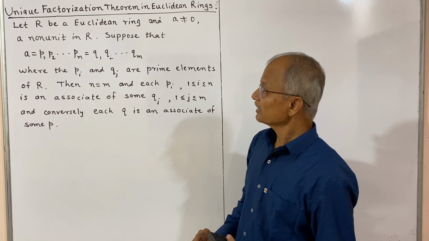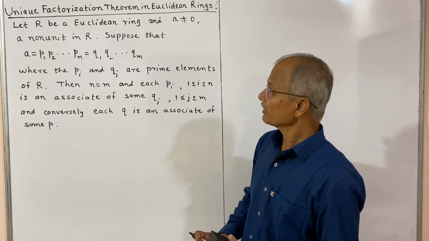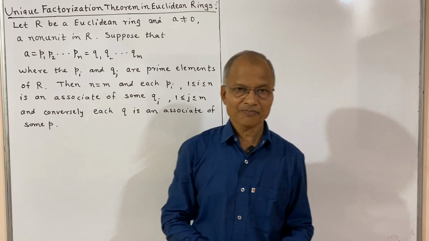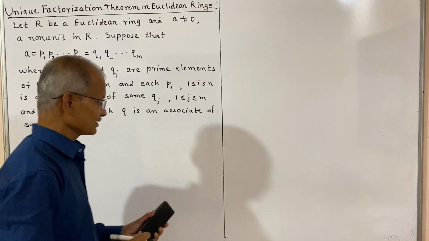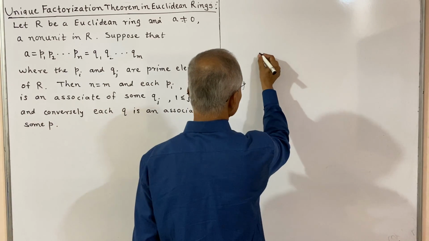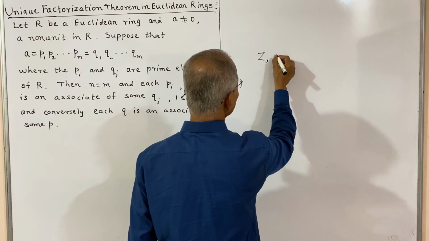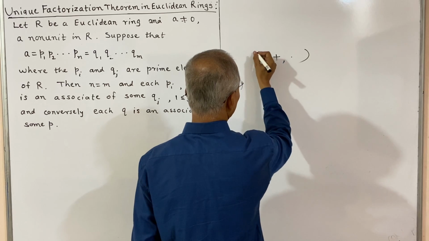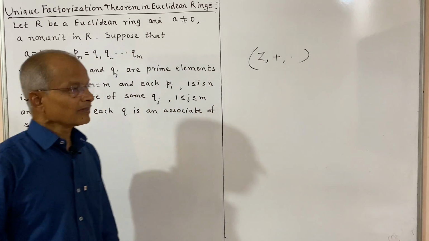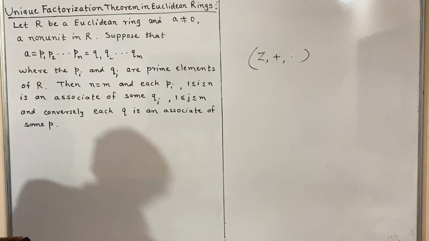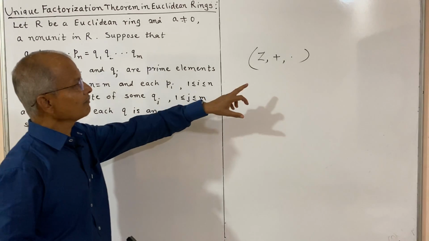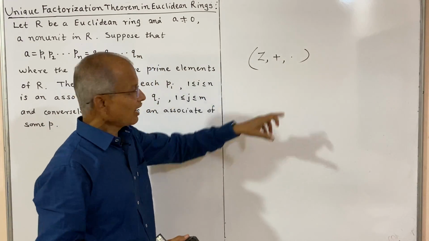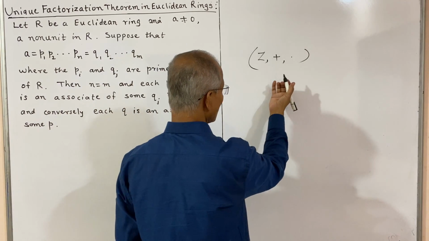So consider a simple example of a Euclidean ring, which is the ring of integers, that is Z, with the usual addition and multiplication. Then we know what the prime elements in this ring of integers are, that are non-unit.